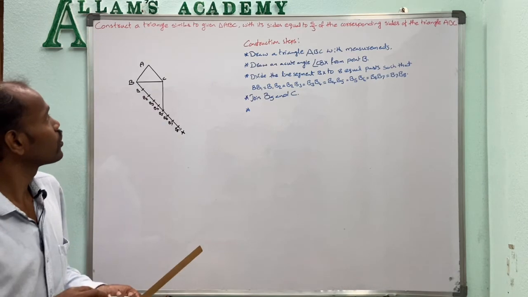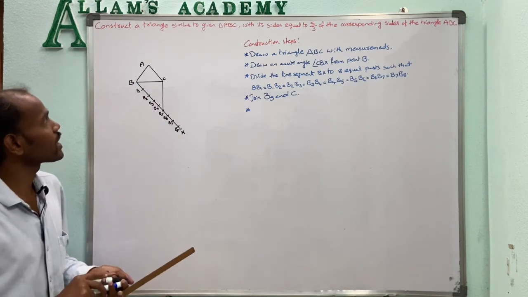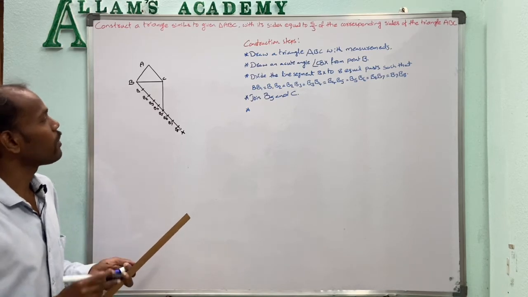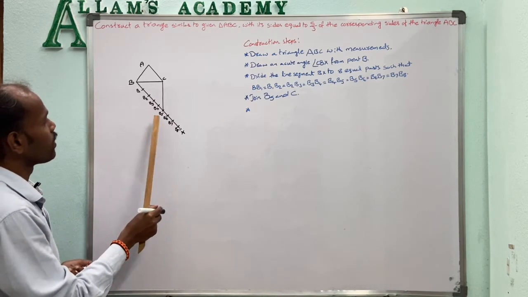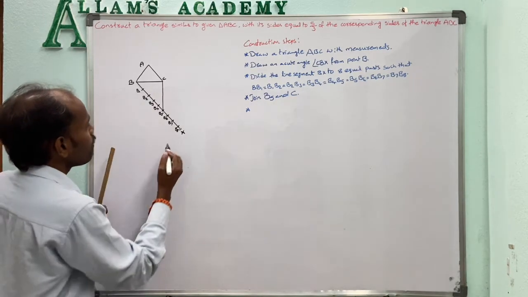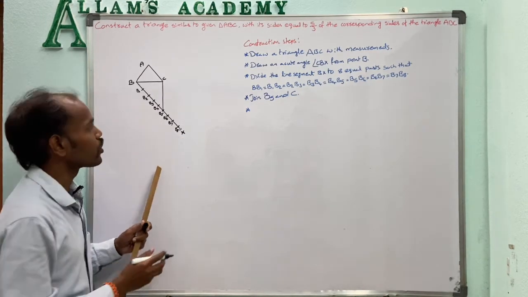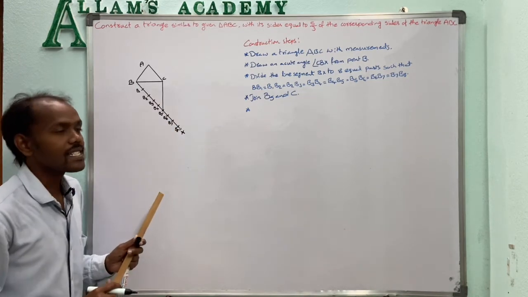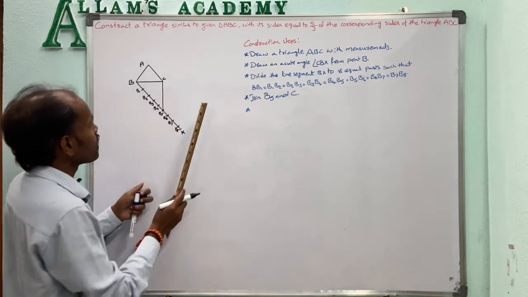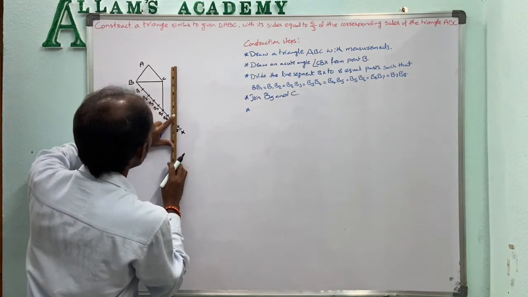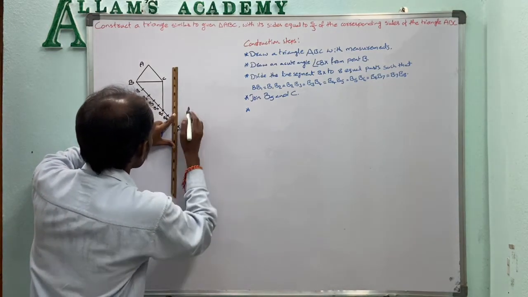Now we have to draw the similar triangle to triangle ABC, and sum of the ratios is nothing but 8. So from this B8 point draw a line parallel to B5C. Now this one we draw using a set square.